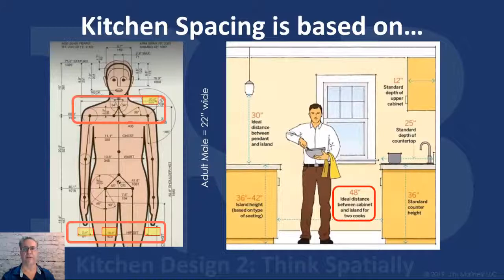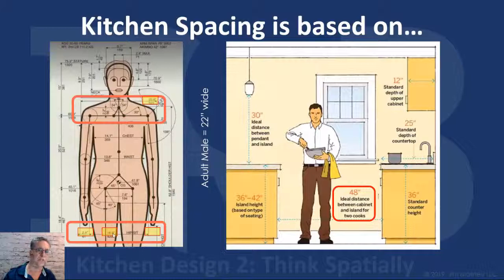Now, again, the reason that we require the 48-inch ideal distance between cabinets and islands, or cabinets and other cabinets, is because of the size of a human being. If you look at the average male adult from outside shoulder to outside shoulder, it's 20.5 inches. If you look from outside of hand to outside of hand, it's 2.5 times 2, which is 5 inches.